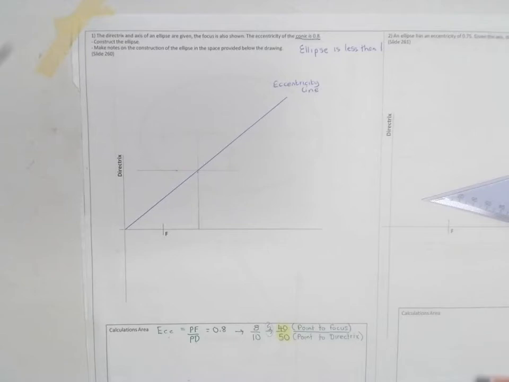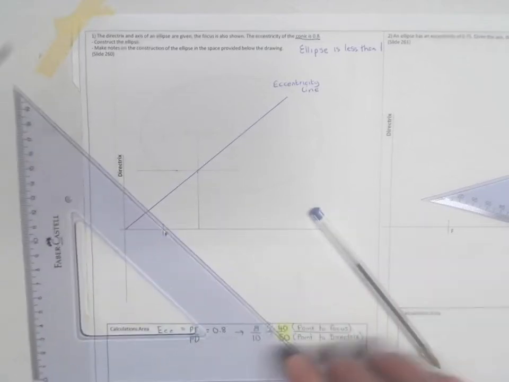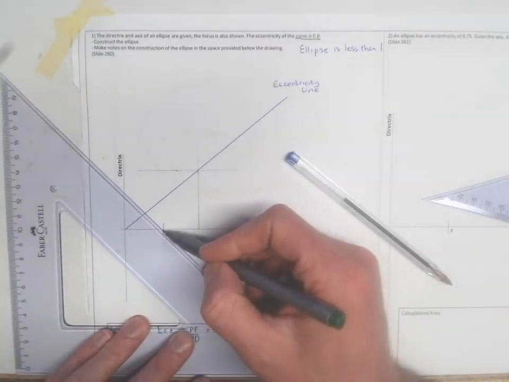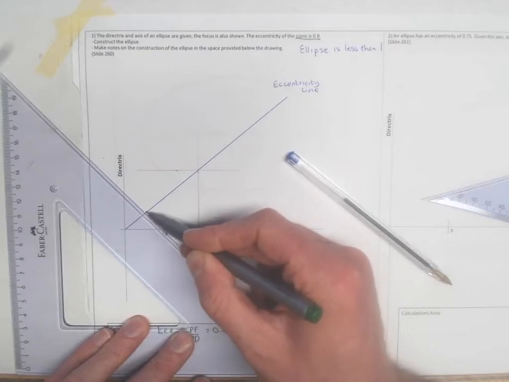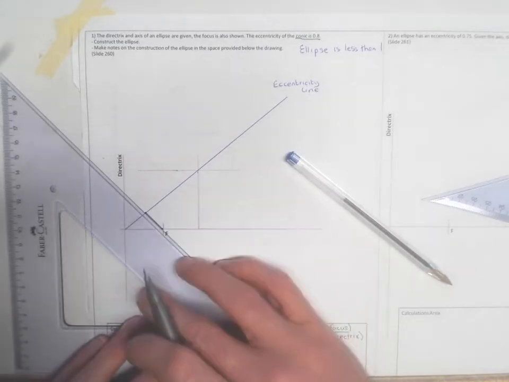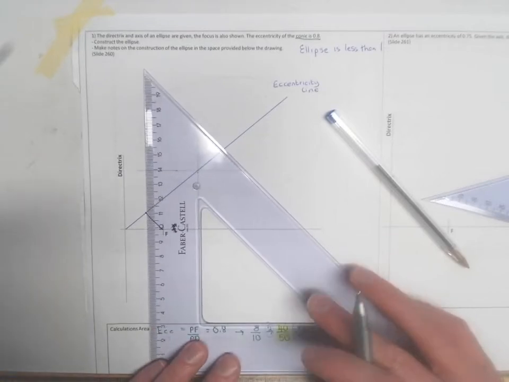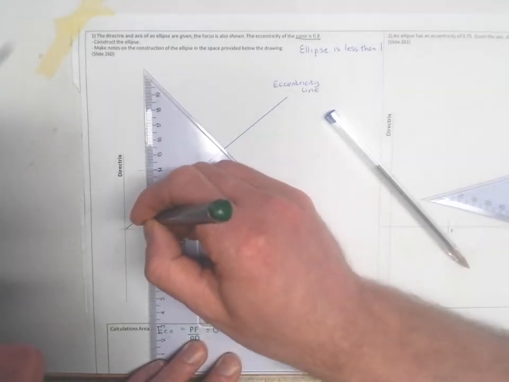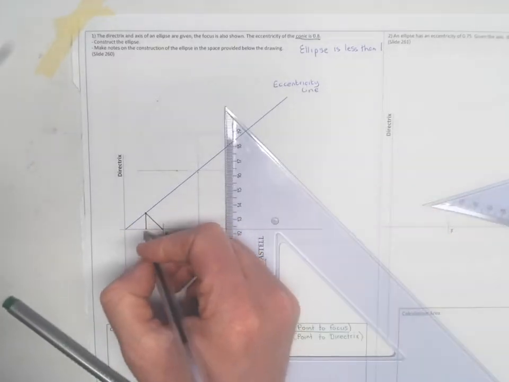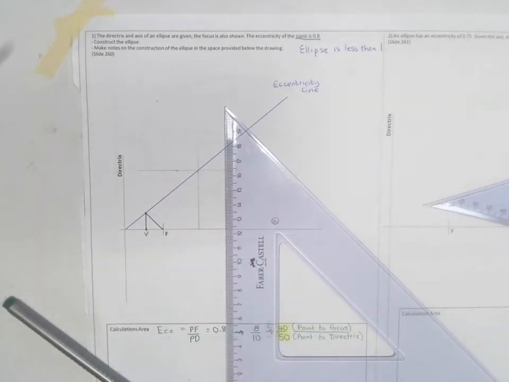A rule for all conics is, I'll do a different color, if you draw a line from the focus back to the eccentricity at 45 degrees and drop it straight down, that will find your vertex. That's just a rule you need to know.